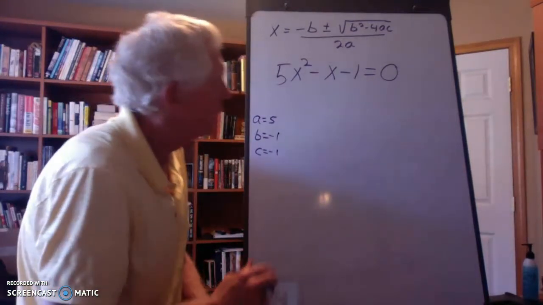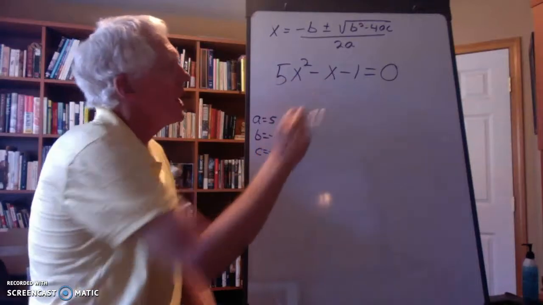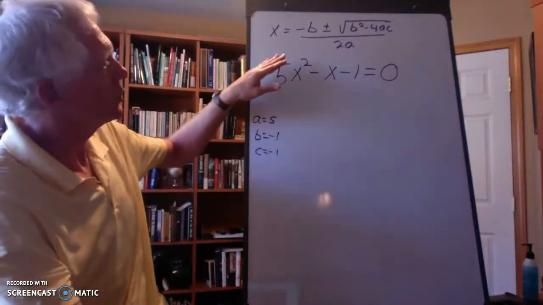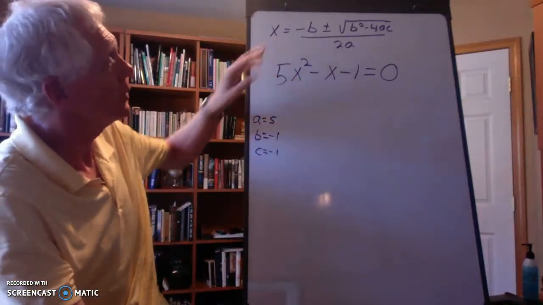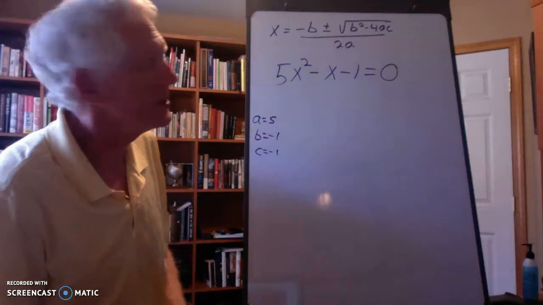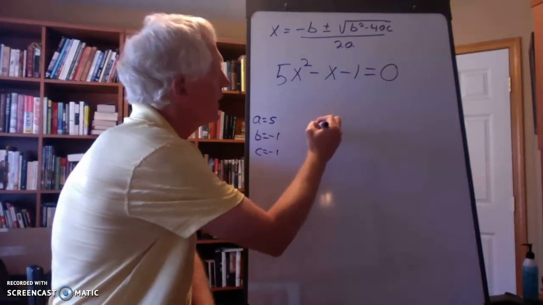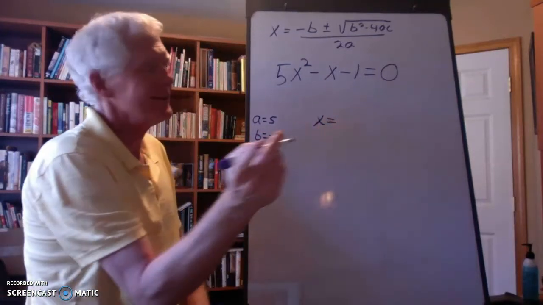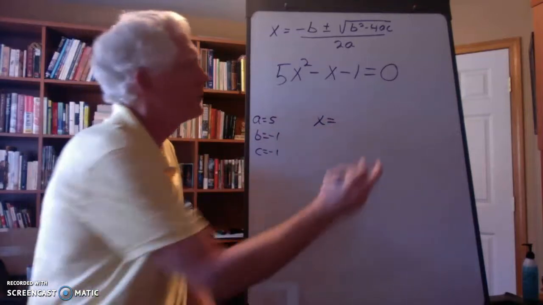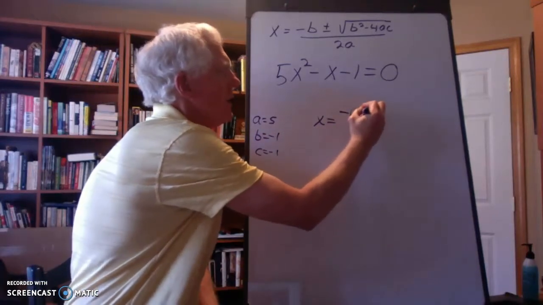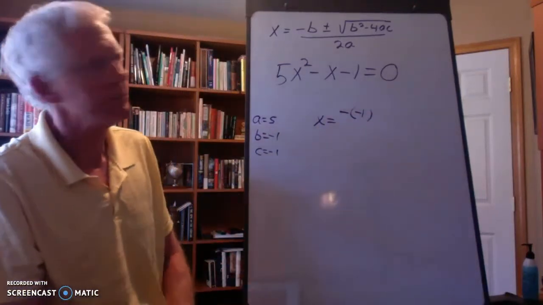All right. So I'm going to insert those values into the x equals negative b plus or minus square root b squared minus 4ac all over 2a. So I have x is going to equal, here, be careful, negative 1, that's negative b.